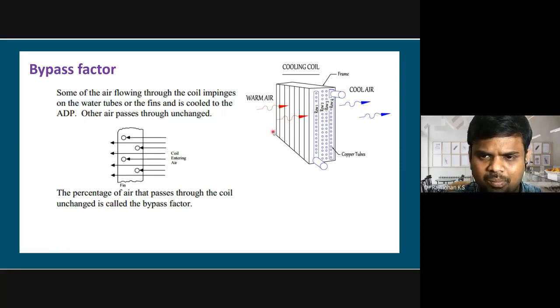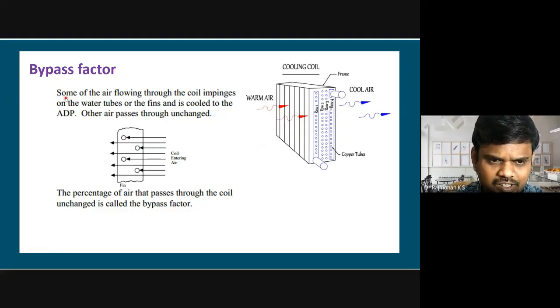But there is a probability some fraction of air may escape through the regular path and not get cooled, so there may be bypassing taking place. That is a non-ideal condition. So that factor is defined: how much fraction is bypassed without getting cooled is called the bypass factor.